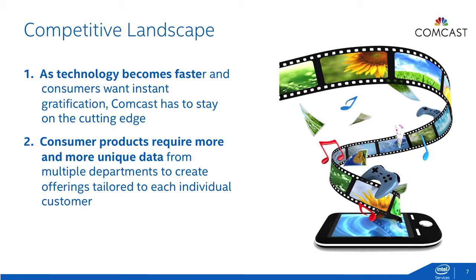Yeah. So our competitive landscape. When we started to look at what CodeBig was and how it worked, when people ask Comcast what's your competitive landscape, people generally answer DirecTV, Google, Apple, Netflix, right? You can go through that list of competitors, but what we started to find was that the one thing not unique among our competitors was that they were moving significantly faster than we were.